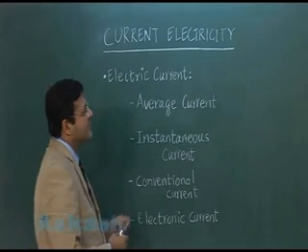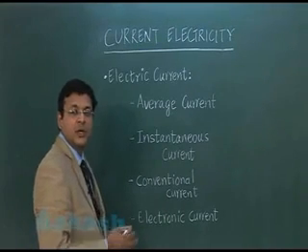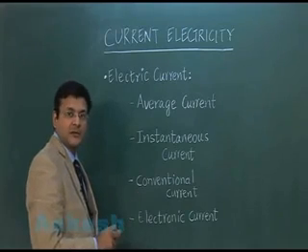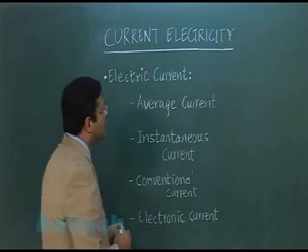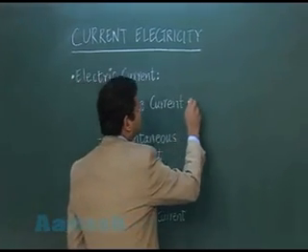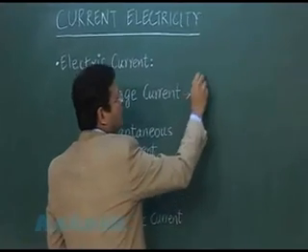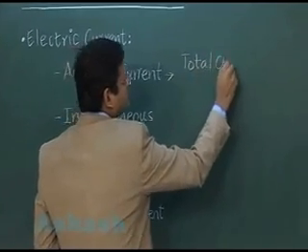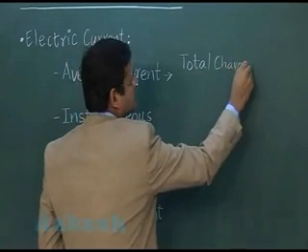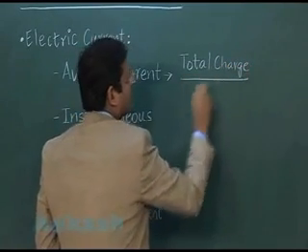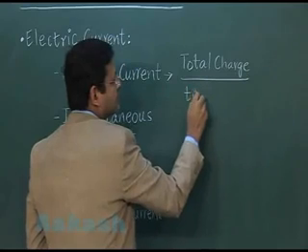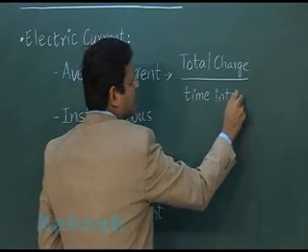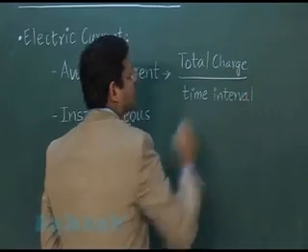Now you see, this average current is simply the total charge flown over a particular time interval. You can define average current as total charge upon the time interval in which this charge has flown. You understand?